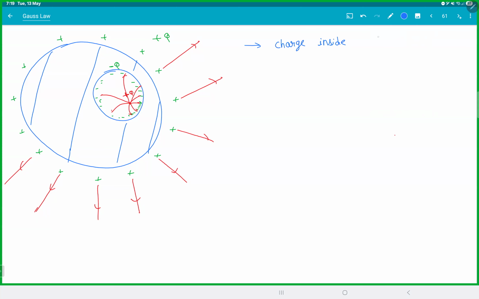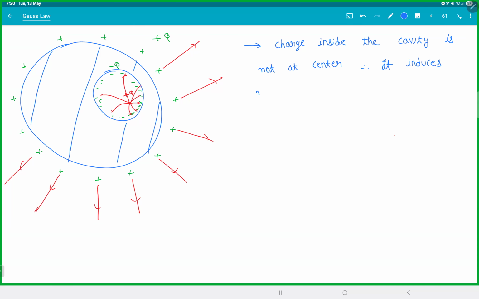So the charge inside the spherical cavity is not at the center. Therefore, it induces non-uniform charge. If you had kept it at the center of the cavity, you would have got a uniform distribution inside also.